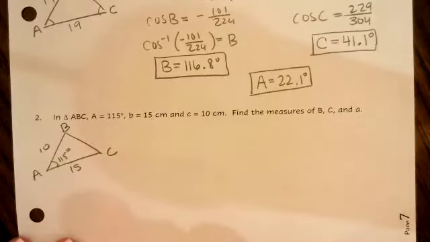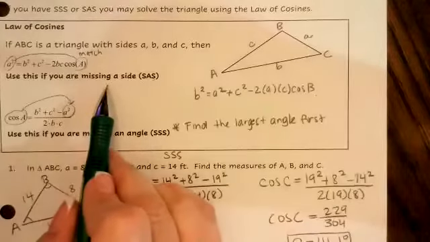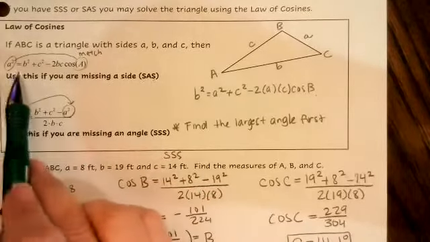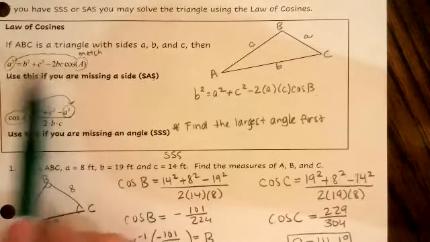So our next step is to get our side here. It told us that when we are missing a side, we use this formula right here. So this is the formula I'm going to use. Coincidentally, we're looking for our A, so we're going to use that exact one right there. So here we go.